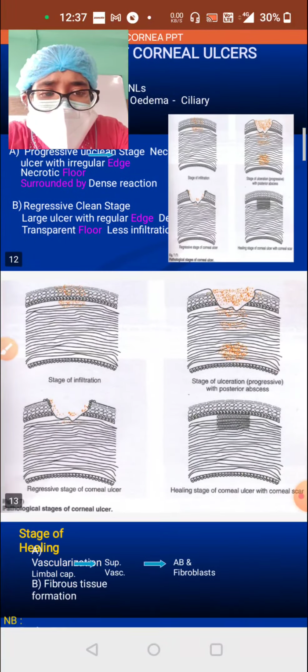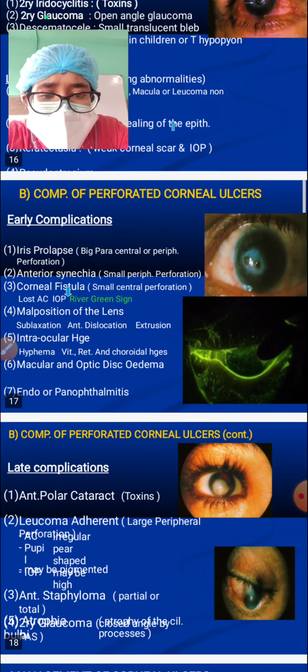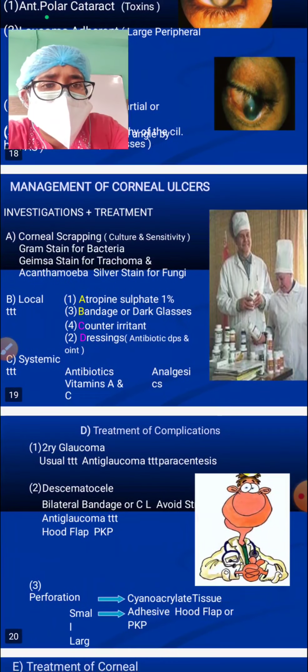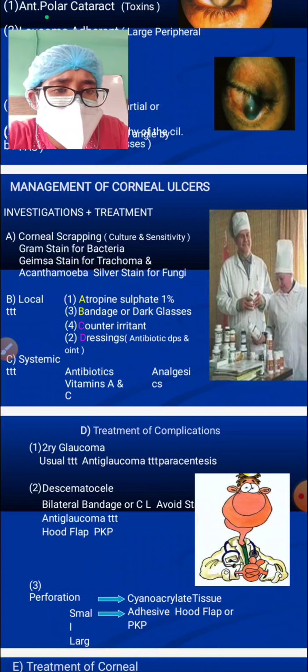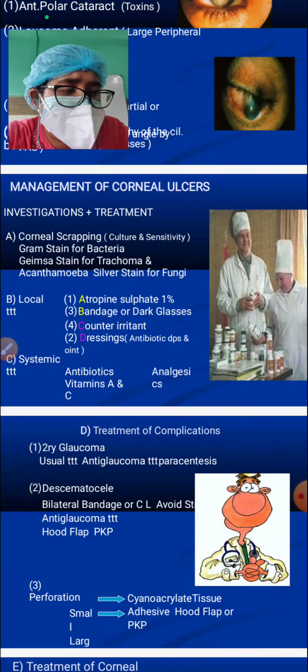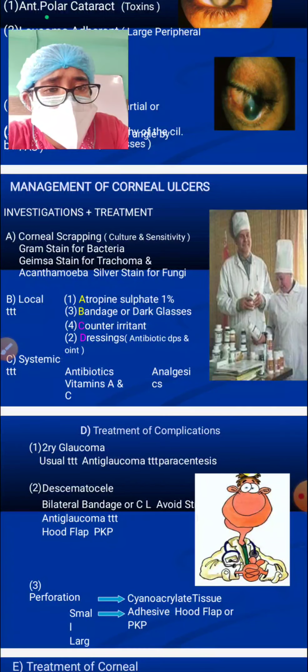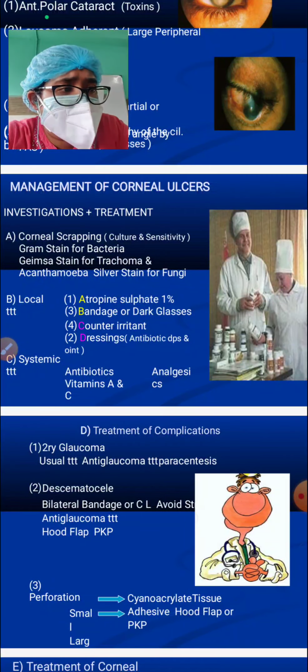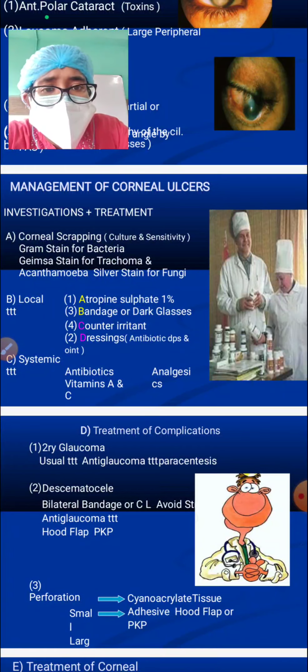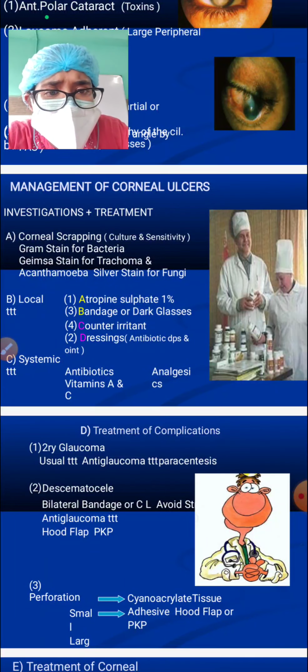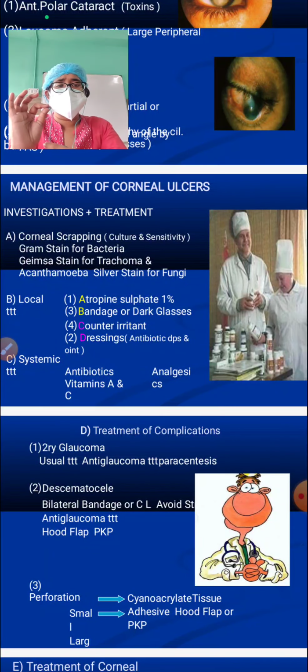Let me tell you. The basic investigations undertaken for management of corneal ulcers: you do corneal scraping and do Gram staining for the bacteria, Giemsa stain for chlamydia, and for Acanthamoeba. For fungi, you need KOH mounts.